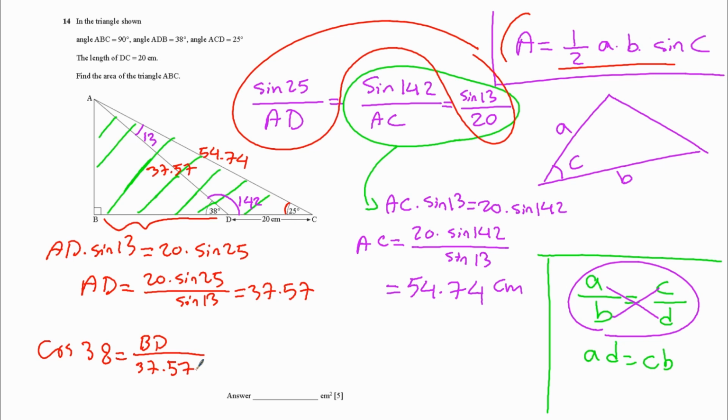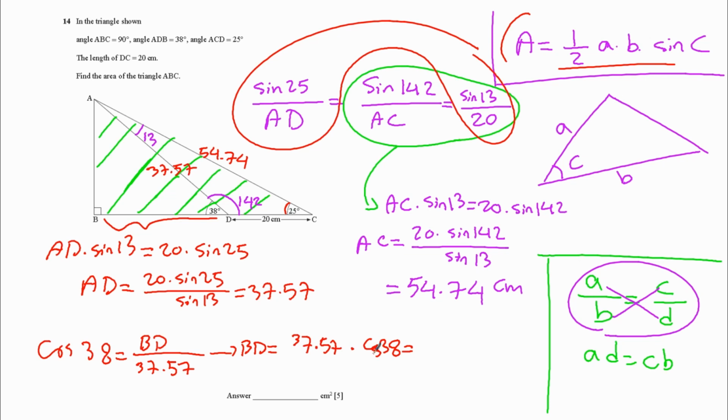So from here we can find out BD equals 37.57 times cos of 38. So I'm just going to type this in again. 37.57 times cos of 38. So the answer is 29.61.